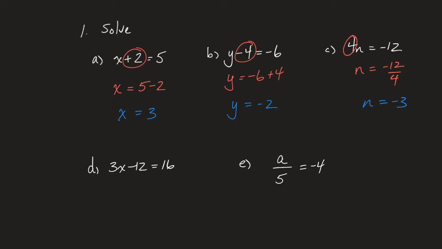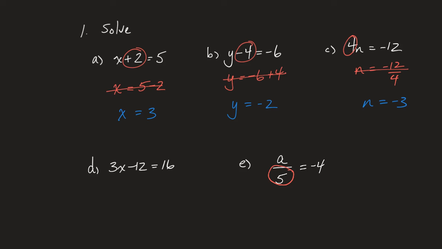Now, big picture, I would love it if we never even wrote down those red lines. Because since it is a single operation, then I would expect that we should be able to do single operations in our head. So let's jump down to E, because that was still one of the more direct ones from before. My fraction line represents a divide by.